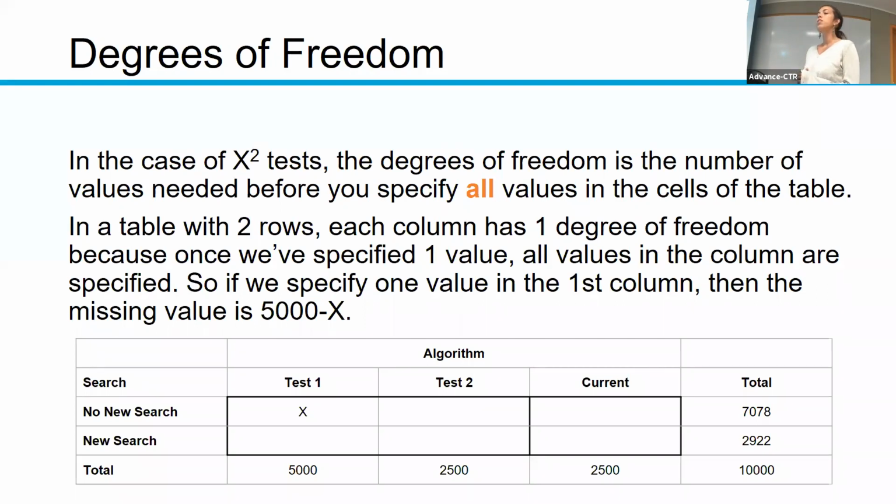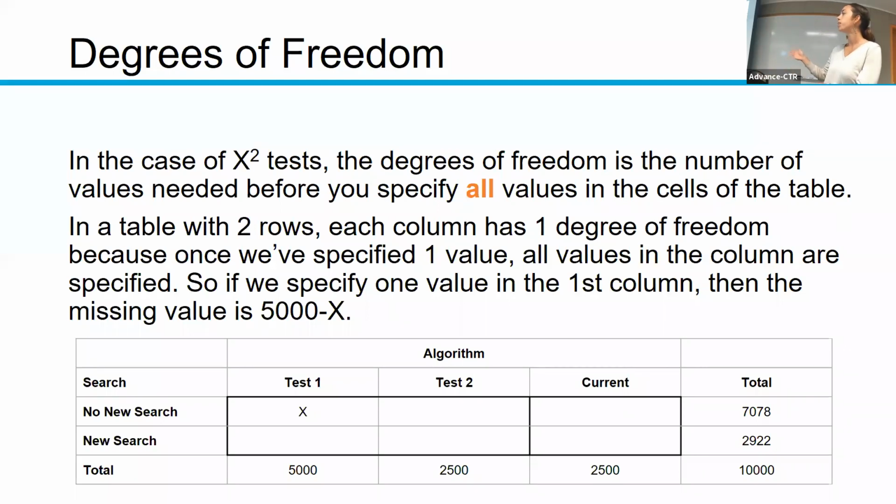In the case of chi-squared tests, the degrees of freedom are the number of values that you need to specify before you know all of the values of the cells in a table. What we assume when figuring out how many values we need to specify before the entire table is filled is that the marginal counts are known. That is, we know the total row counts and the total column counts.